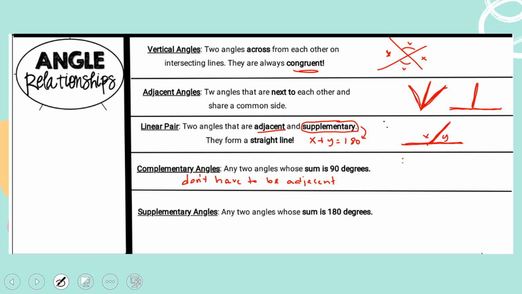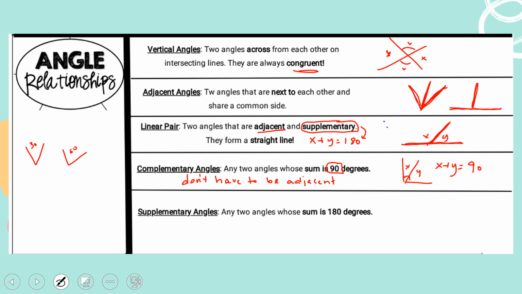So I could have this, where I have this one, and x plus y are 90, because 90 is complementary. So the big thing there is complementary. But I could also have, say, a 30-degree angle and a 60-degree angle, and say those two are complementary too, even though they don't share a side.